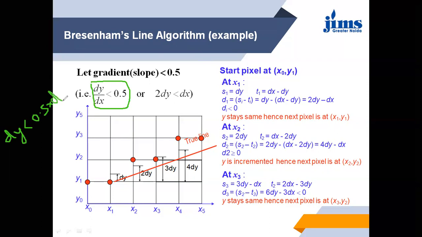If I multiply both sides by 2 to make this an integer value, then 2 dy is less than 0.5 multiplied by 2, that is 1, times dx. So in this case, 2 dy is less than dx.